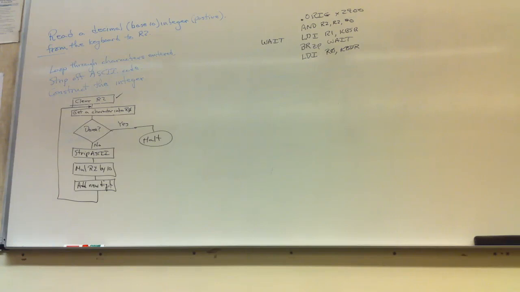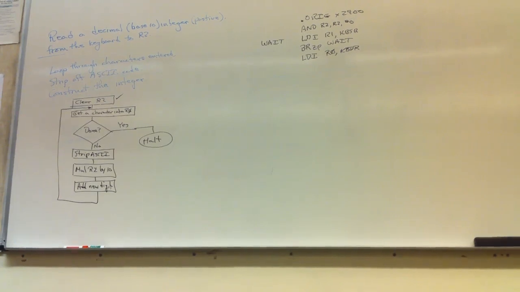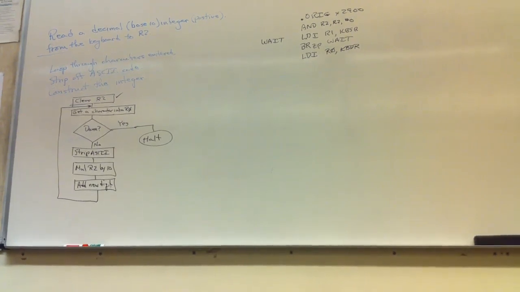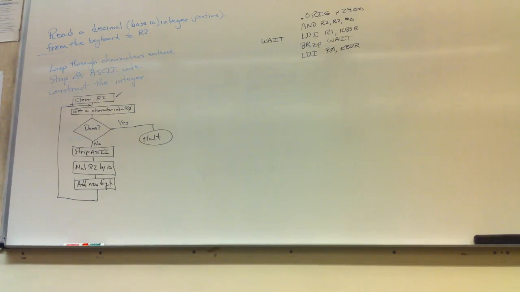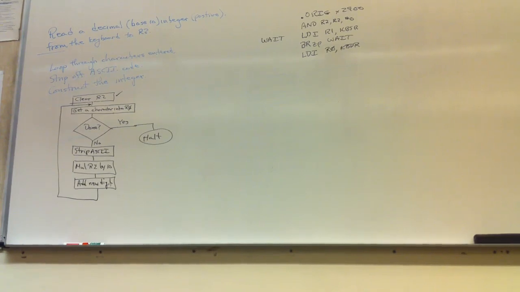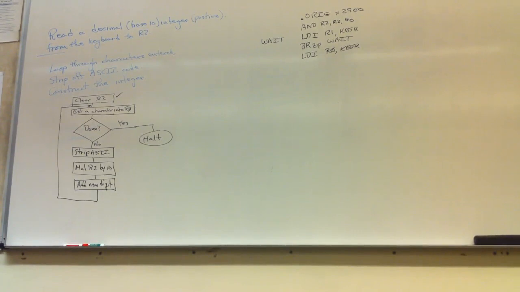This is what it says here. When a key on the keyboard is struck, the ASCII code for that key is loaded into the keyboard data register. And the electronic circuits associated with the keyboard automatically set the status register bit 15 to 1.